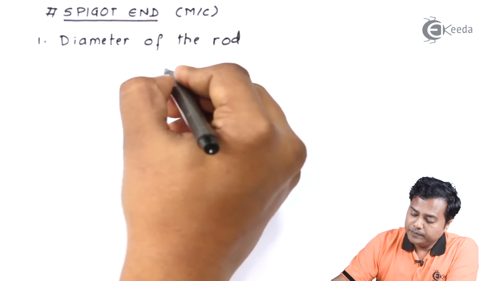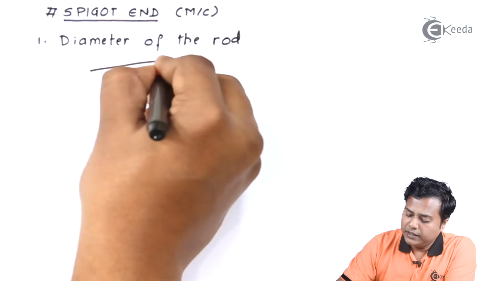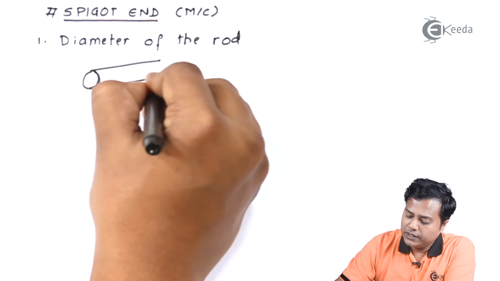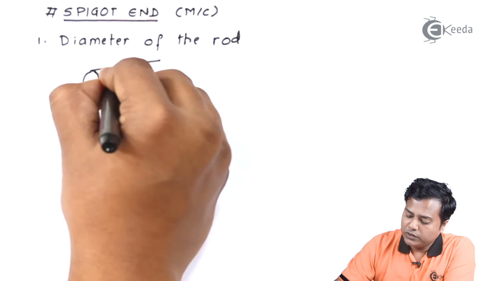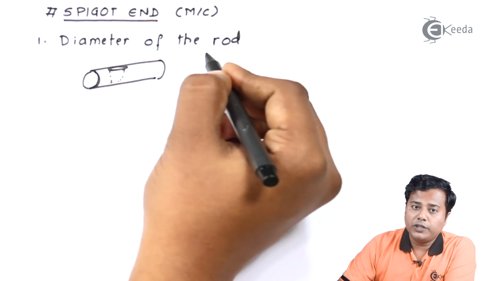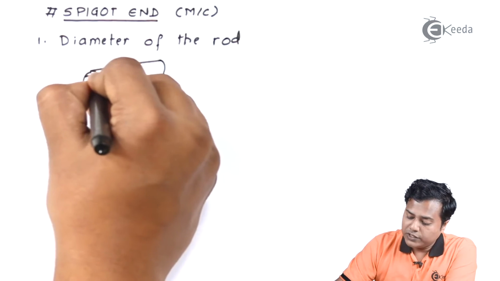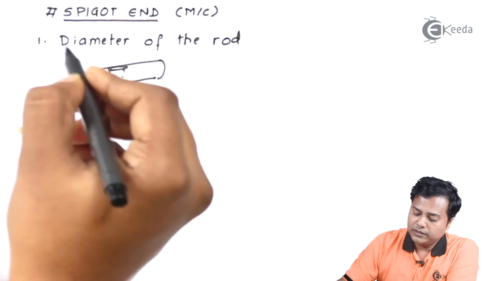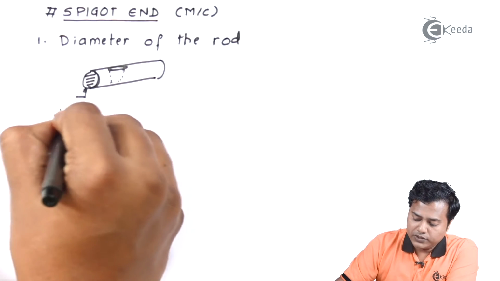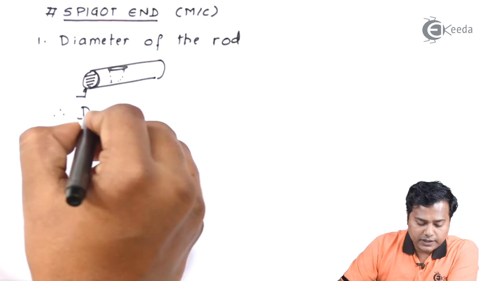Basically it is that upper portion, or the earlier portion of the rod which we are considering as far as the spigot joint is concerned. If we take the cross section, it looks like this. So this diameter we need to define, and hence it is called diameter of rod.